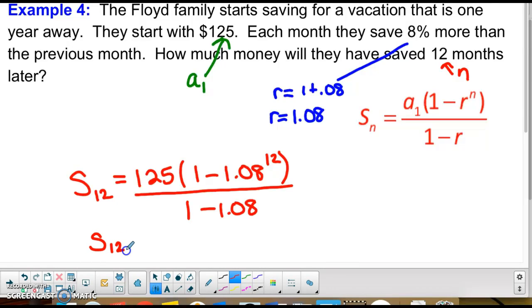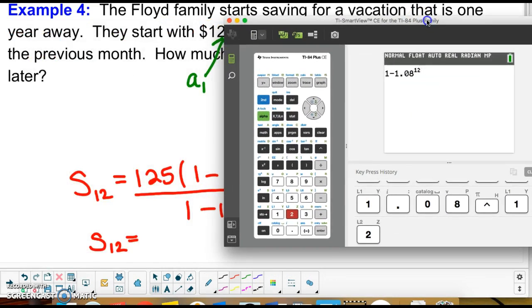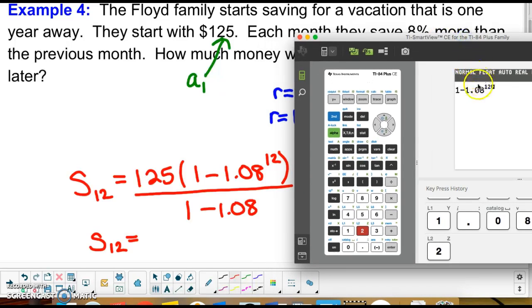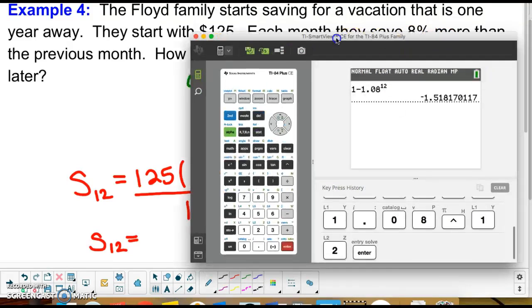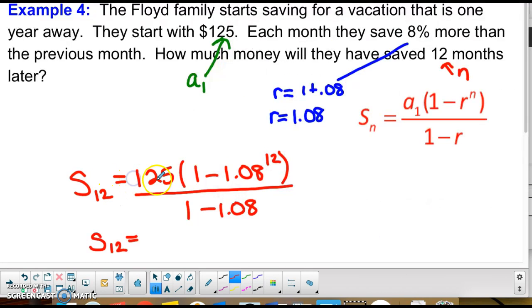And we just go ahead and calculate that. So we're going to type in that 1 minus 1.08 raised to the 12th and hit enter, so we know what our number is that we need in parentheses, negative 1.51817.